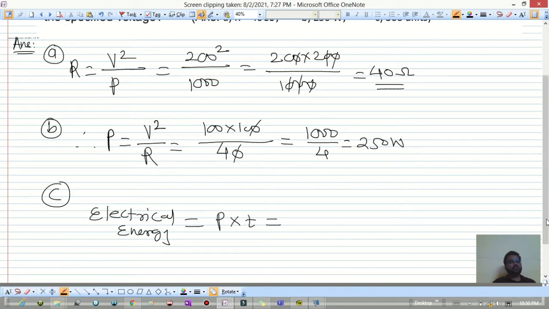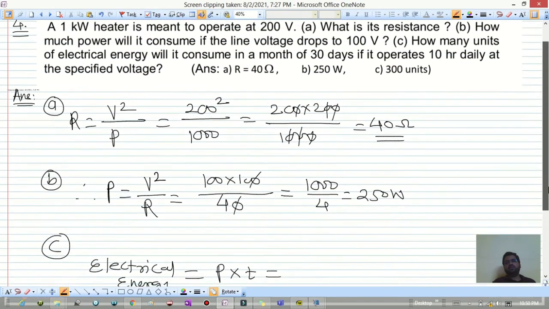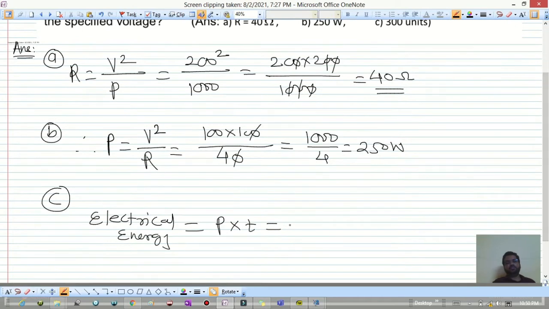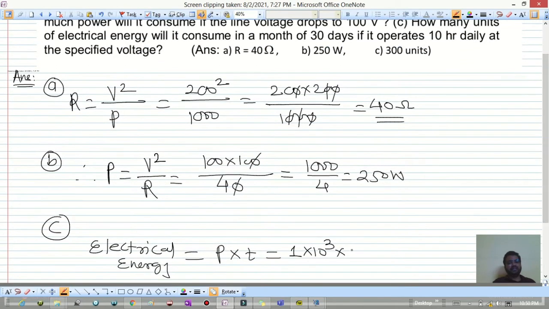What is the power over here? Power given is 1 kilowatt, 1 into 10 to the power 3, into time is 10 hour daily, and into 30 days, isn't it?